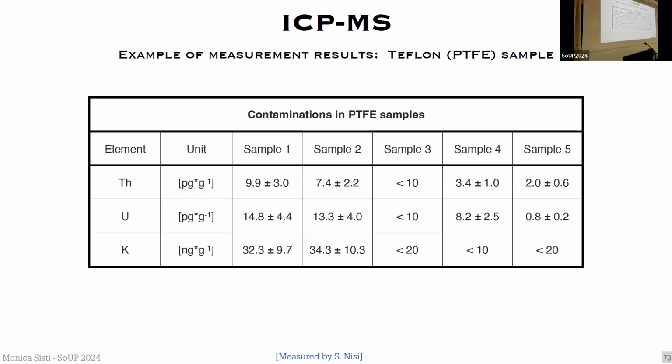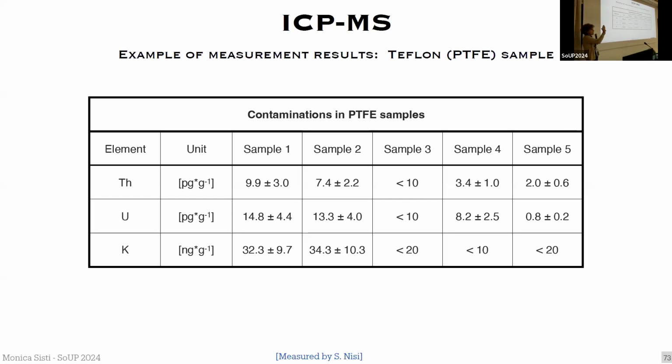I want to highlight only that for thorium and uranium we have ppt units, but for potassium we have ppb units, because ICP-MS does not have good sensitivity for potassium, because the plasma is made with argon. Argon forms a polyatomic species with hydrogen.